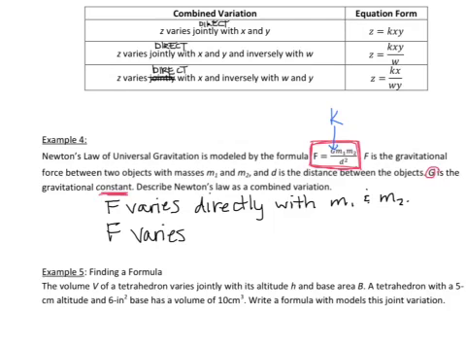How with D squared? Yes, inversely, with D squared. After you identify your constant, that's the one you don't talk about. Whatever's on top is direct, whatever's on bottom is inverse.